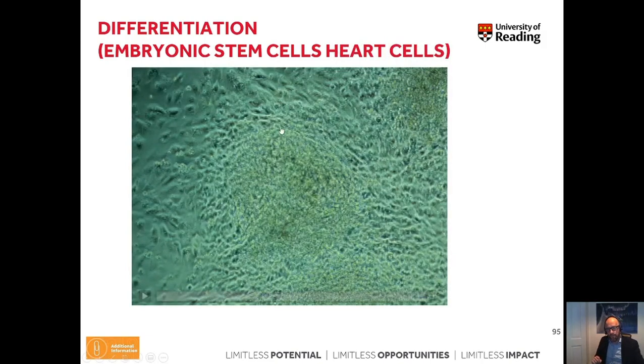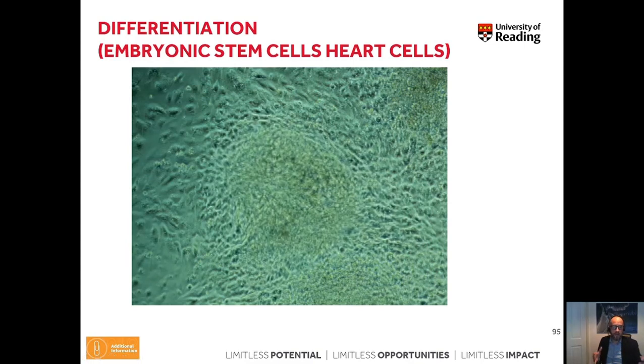In this video, which is actually a video taken in my own lab, you will see a layer of embryonic stem cells exposed to certain signals for 1 week. And this cluster in the middle has been differentiated into beating cardiomyocytes, into beating heart cells.